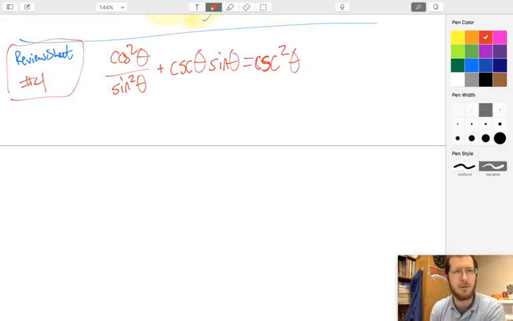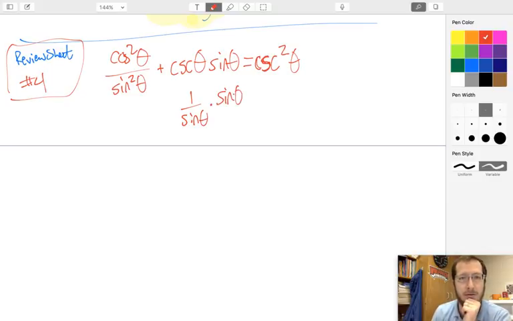How about let's look at simplifying this part first. Cosecant is the same thing as 1 over sine, times sine of theta. So that's just 1. Anything times its reciprocal is 1.